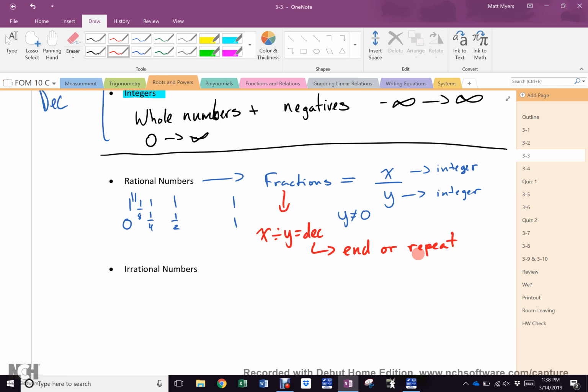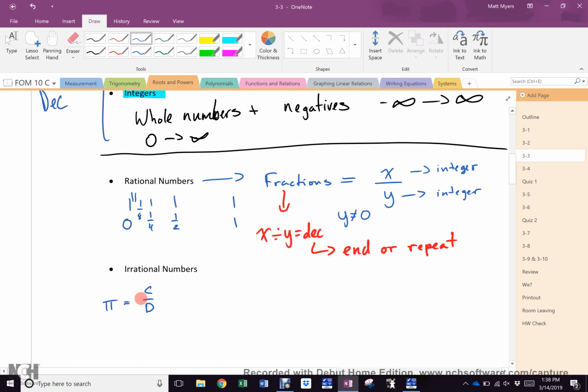That's something great. Now, irrational numbers are, of course, the numbers that don't fit anywhere else. So, pi is a famous one. We know that pi is supposed to be the circumference divided by the diameter. And you would look at that and say, oh, that's x over y. But it is not. Because one of those two is not going to be an integer.